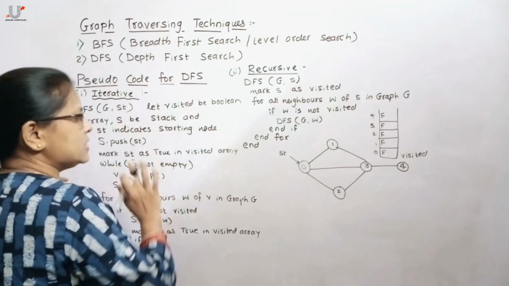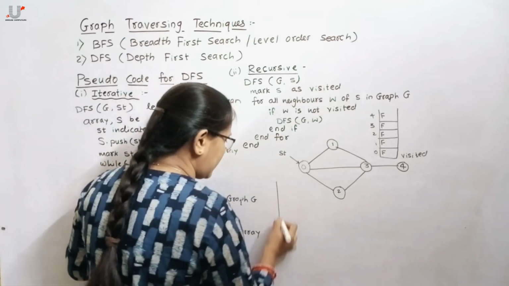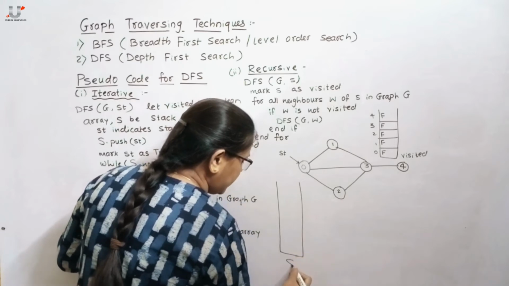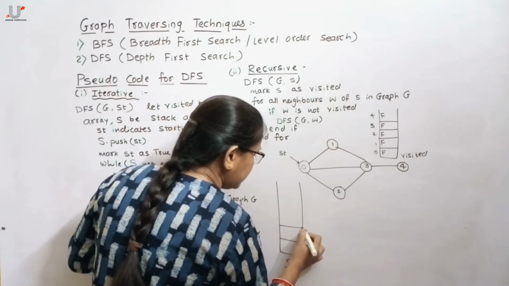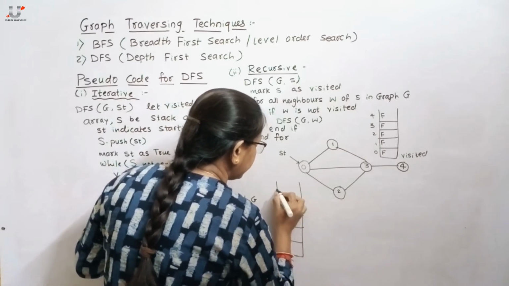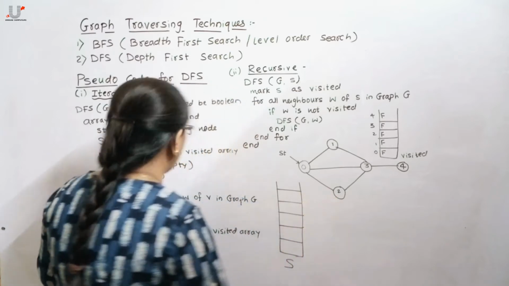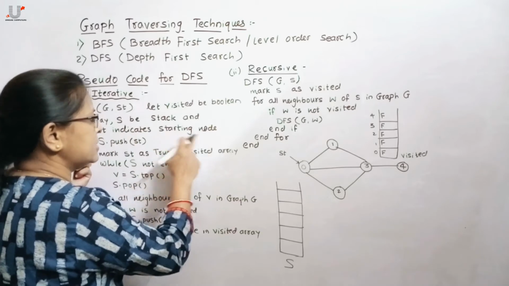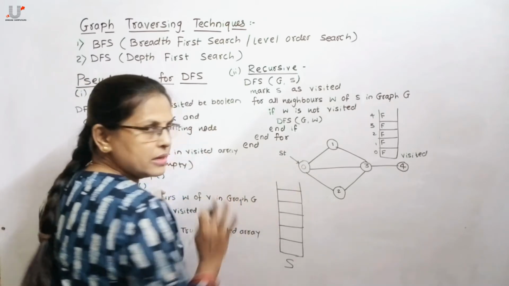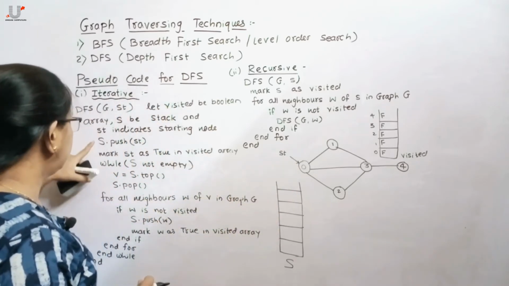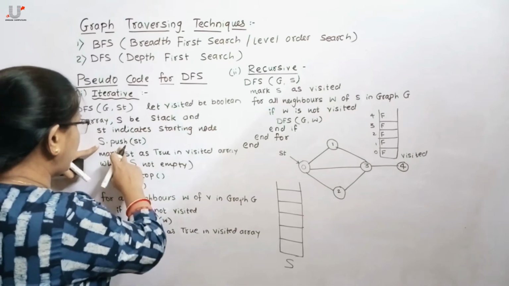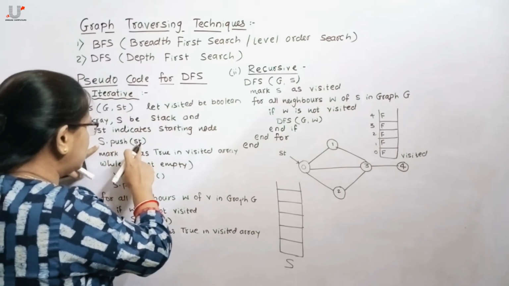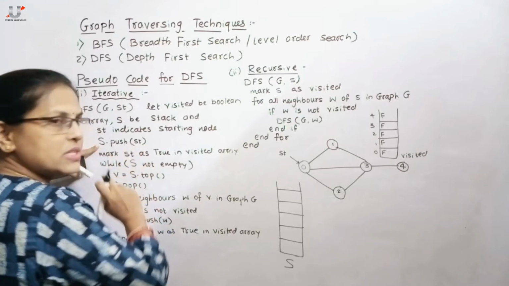Then S be the stack, here capital S indicates stack. DFS uses the stack data structure, and ST indicates the starting node. Then S dot push: you have to perform the push operation and store the starting node onto the stack.